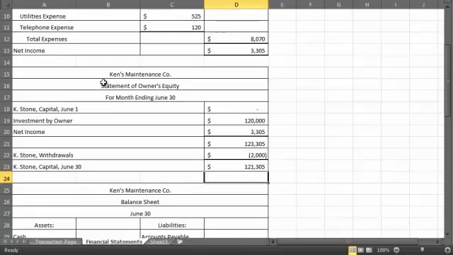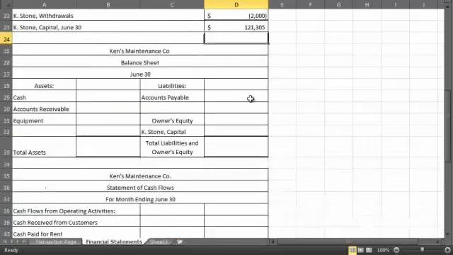Now this was the statement of owner's equity. Notice, name of the company, name of the statement, for the month ending June 30th, because both the income statement and the statement of owner's equity are historical documents. They're showing you the effects of past transactions. However, when you look at the balance sheet, you'll notice that it has the name of the company, the name of the statement, but it says June 30th, not for the month ended.